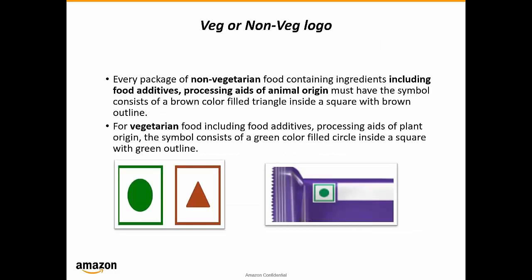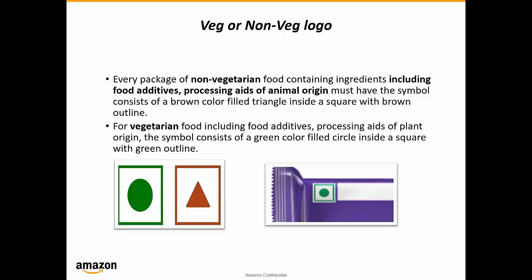So next, which is very important, definitely from a regulatory perspective, as well as because a few people believe in religion, so a choice should be given to the customer that they should know this is a veg product or this is a non-veg product. So every package of non-vegetarian food containing an ingredient, including the food additives, processing aids of animal origin, must have a symbol consisting of a brown color filled triangle.